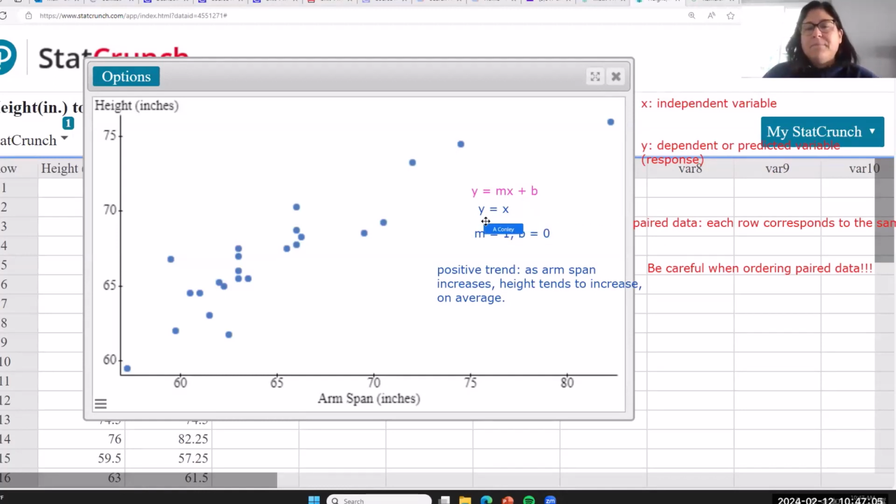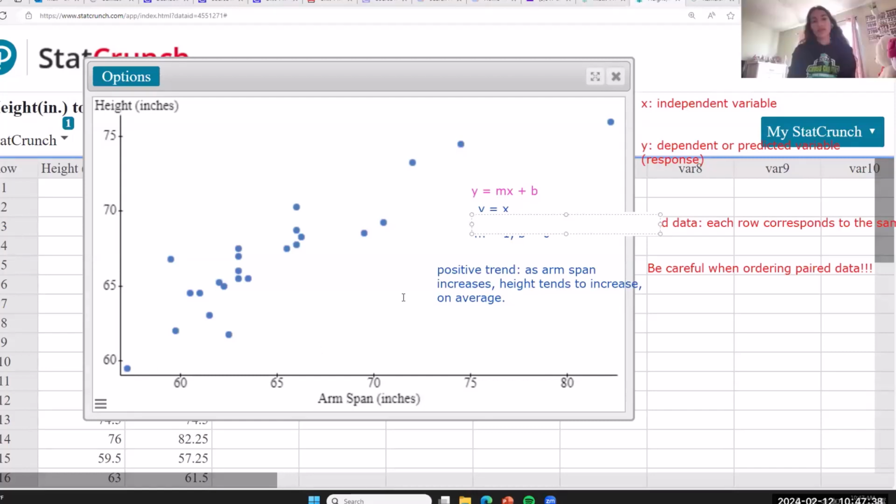But basically, in our context, what this would mean, if you were on the line y equals x, what does this say about your height and your arm span? You guys tell me, what does the y represent in this scatter plot?